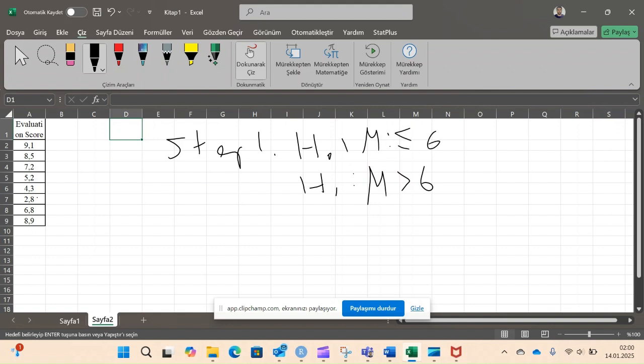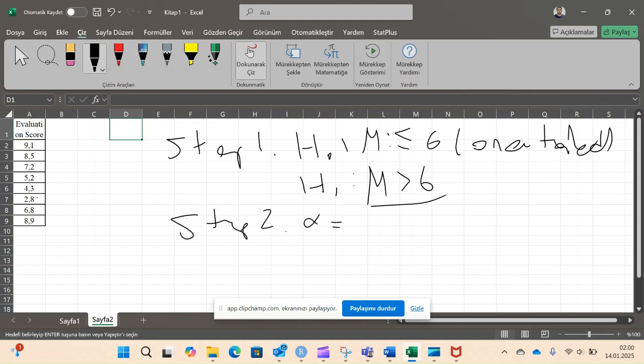So I have a one-tailed test, because in the alternative hypothesis I said that the population mean is higher than 6. Step 2, I determine the alpha value. It's given as 0.05.